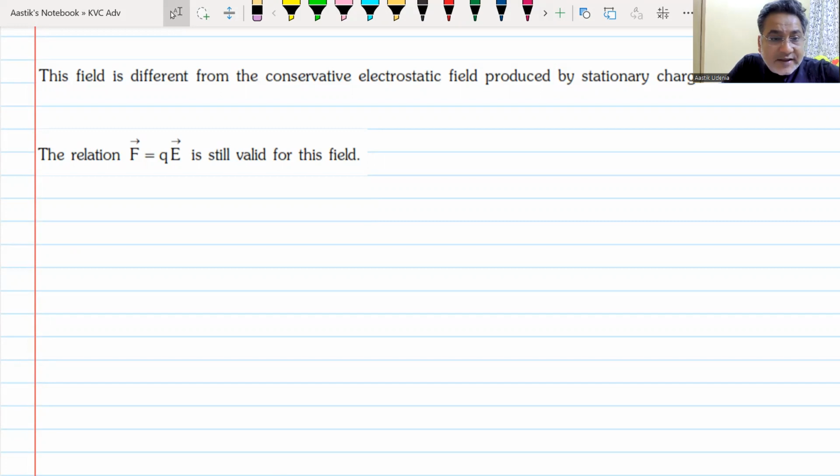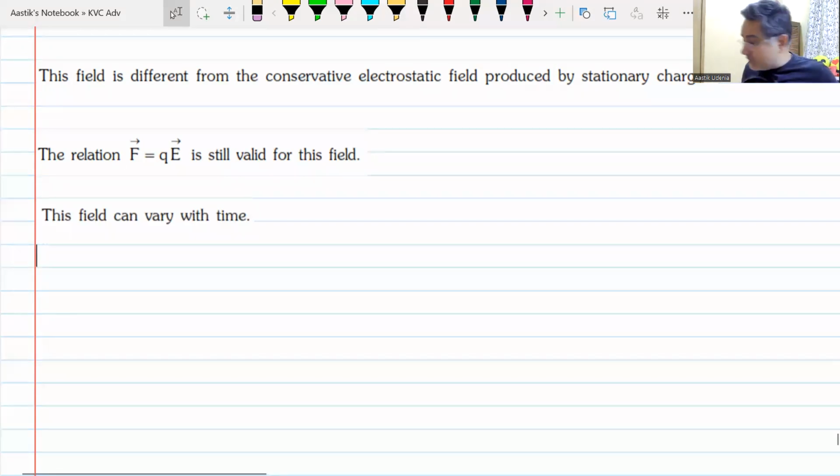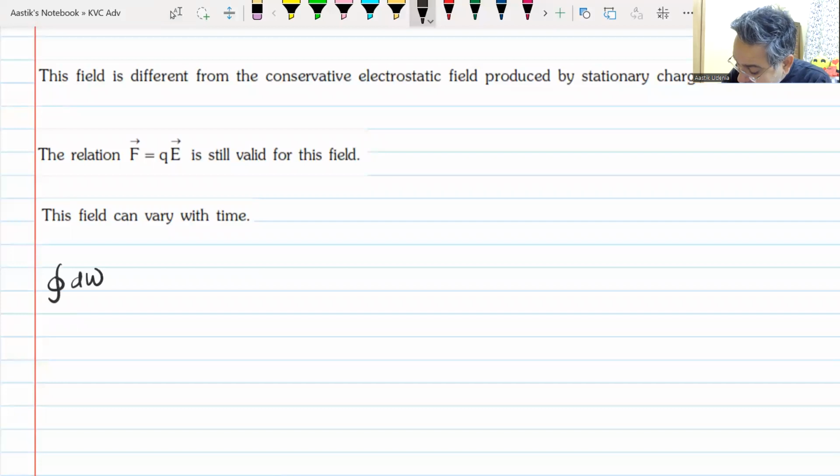This field can vary with time as well. Do we understand this? Yes, sir. Remember, it's a non-conservative field. So if you move in a loop, the work done is not equal to zero. If you move in a loop, the change in potential is not equal to zero.